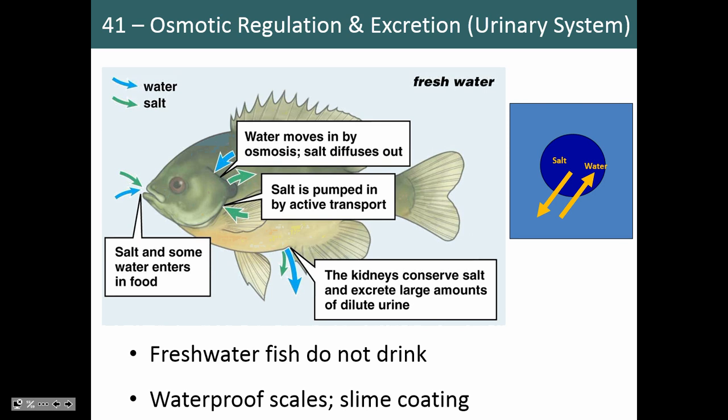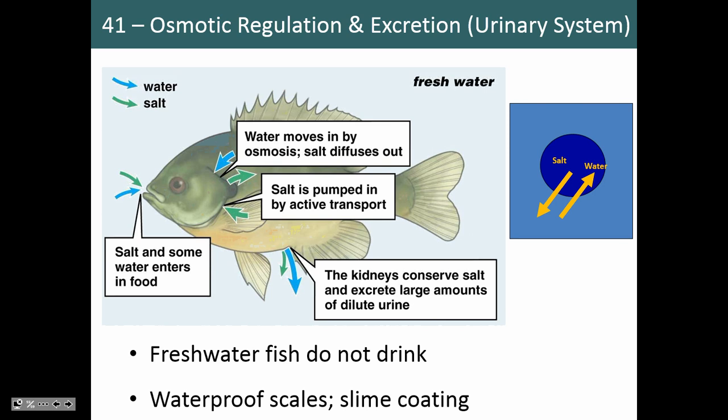But if we look at an example of a freshwater fish, right? A freshwater fish is hanging out in freshwater, low solute concentration. So the body concentration is higher than the surrounding water. Water wants to come in by osmosis.